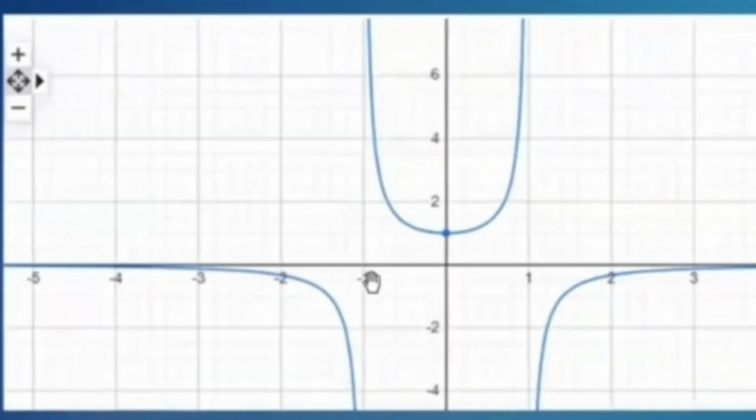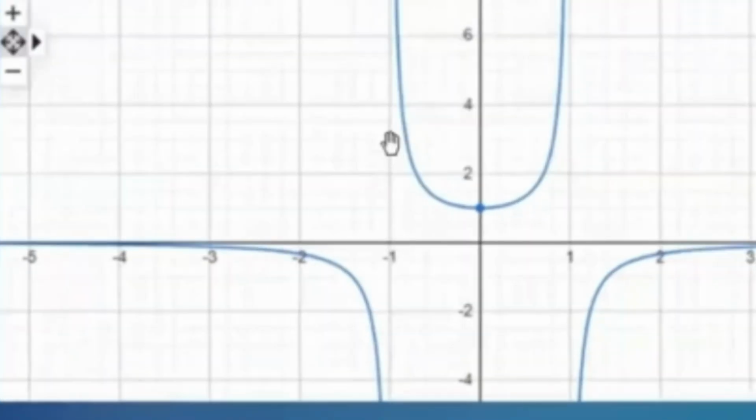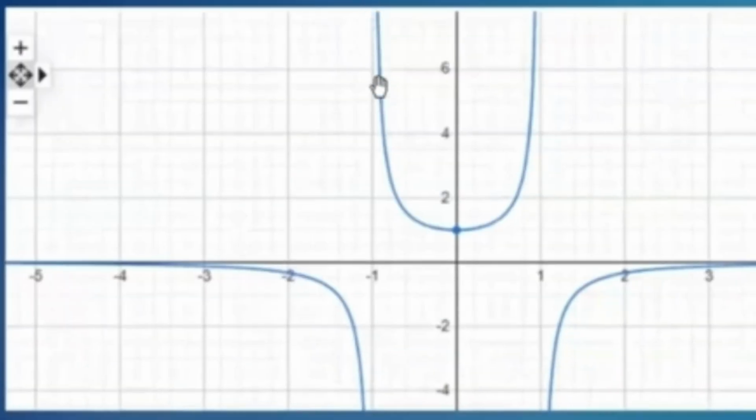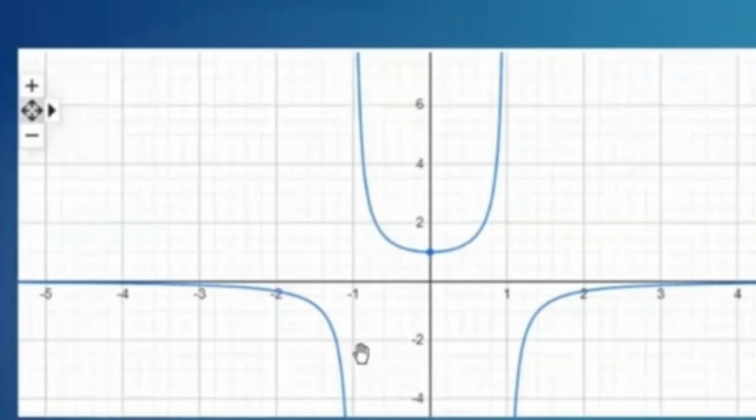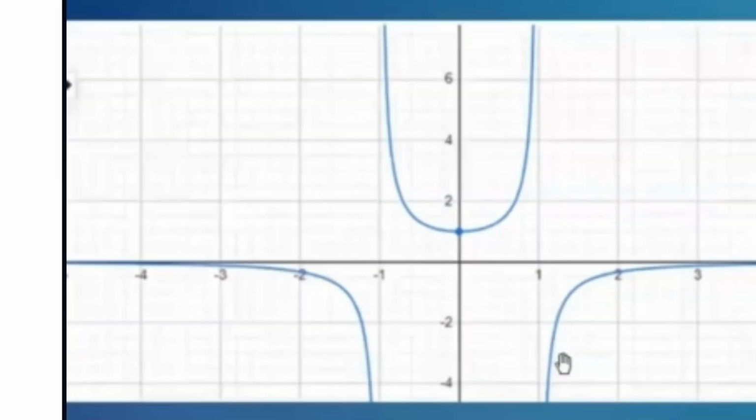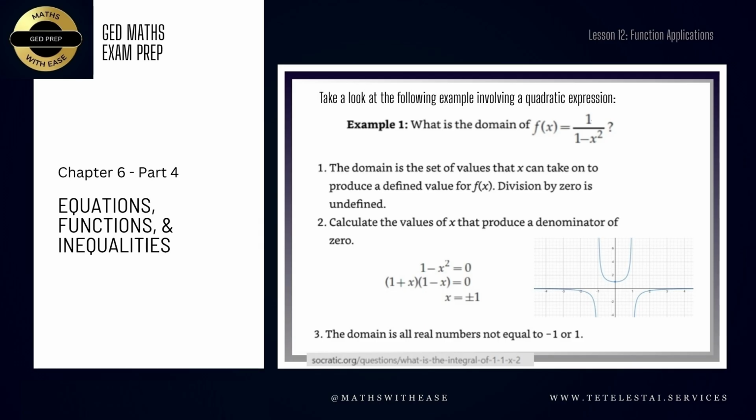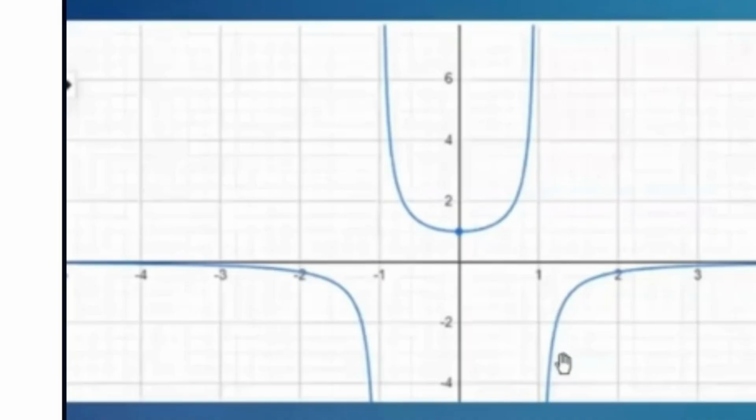So if you were to draw a vertical line at x equals negative 1 and a vertical line at x equals positive 1, you would note the behavior of this function along the y-axis into positive and negative infinity.